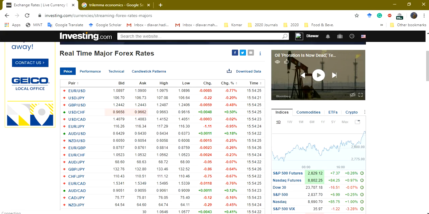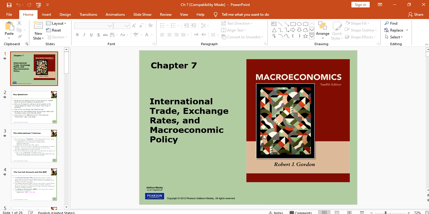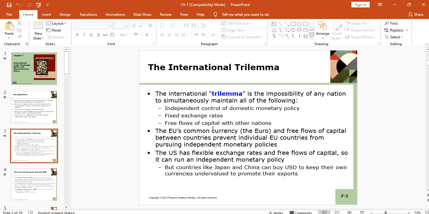So here's what we were talking about, given the example over the past picture here. For example, the EU, the Euro, a common currency. They have a common currency, and free flows of capital between countries prevent individual countries from pursuing independent monetary policy.